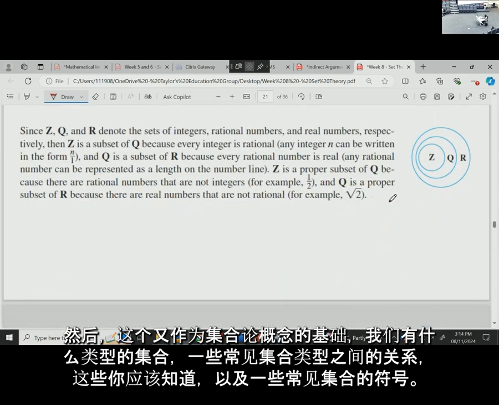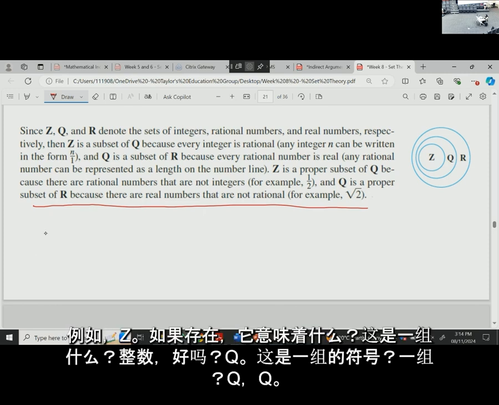Then this one is again a base for your concepts in set theory. What types of sets we have, the relationship between some common types of sets, these you should know, and some notations for the common sets. For example, Z. If this is there, what does it mean? This is the set of what? Integers. Okay.